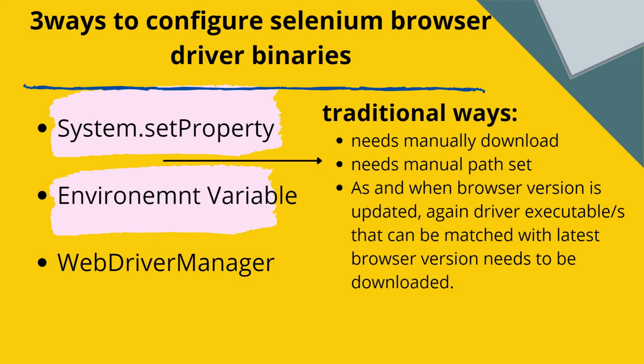As and when the browser version is updated, which happens very often nowadays, the matching driver executables need to be downloaded manually. So this creates an overhead for automation testers, and many times this creates exceptions in our program.